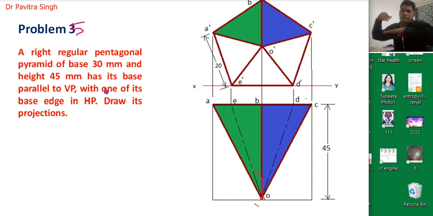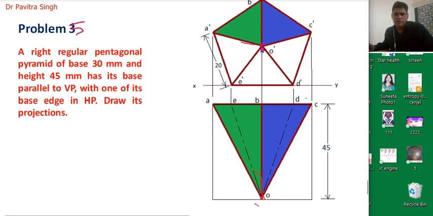If we are looking at it from the top side, we can see only 2 surfaces and the remaining 3 surfaces will be in the back side. So actually this is the center point, the center line of this pyramid. Okay, and as per the given condition, this is parallel to the horizontal plane, and its base or bottom surface is parallel to the vertical plane. So we can see the complete pentagon from the front side.